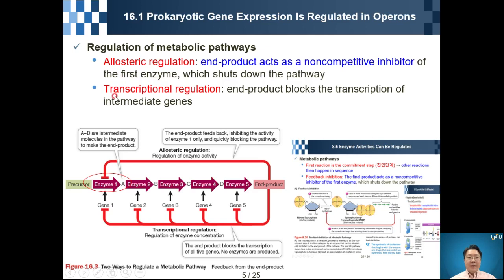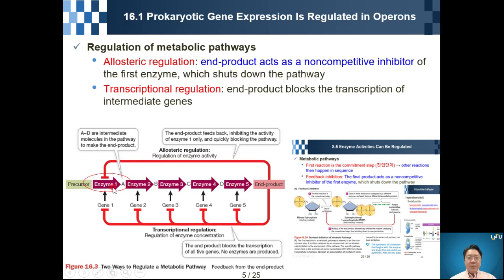Another regulation is transcriptional regulation. For example, in this case, this is the end product. They need enzyme 1, enzyme 2, enzyme 3, enzyme 4, enzyme 5.